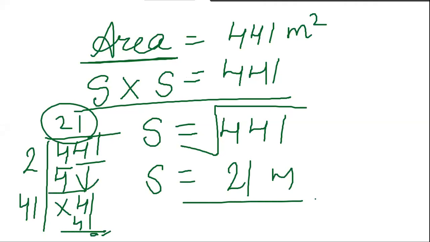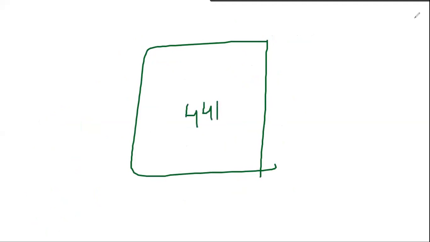Area is given here. You have to find the side. So the area of the square is side into side, right? So how to find the side? Using square root. If you have a square, its area is given as 441 meters square, and you have to find the sides. All of the sides are equal.